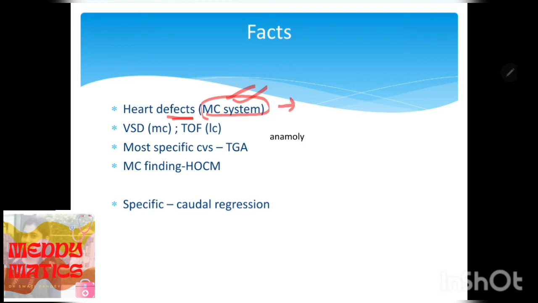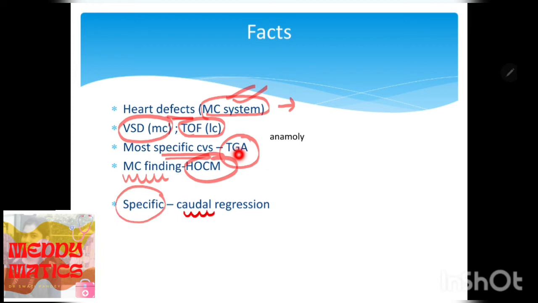In the heart, the most common congenital malformation is VSD, and the least common is TOF, and the most specific cardiovascular anomaly can be TGA. The most common finding among them can be HOCM, hypertrophic cardiomyopathy, and the most specific one is caudal regression, which is sacral agenesis.